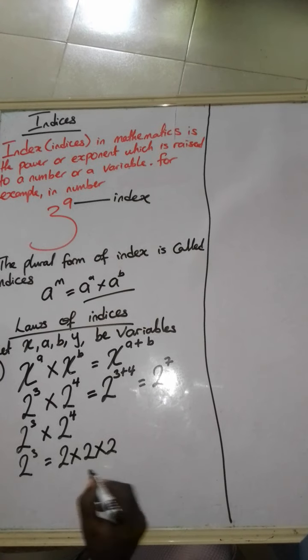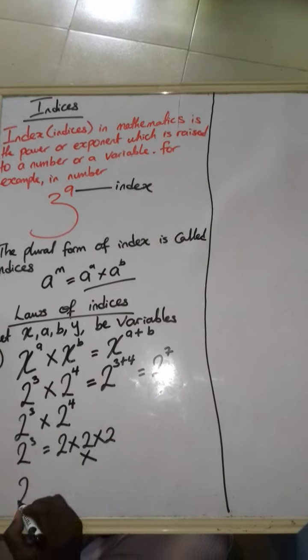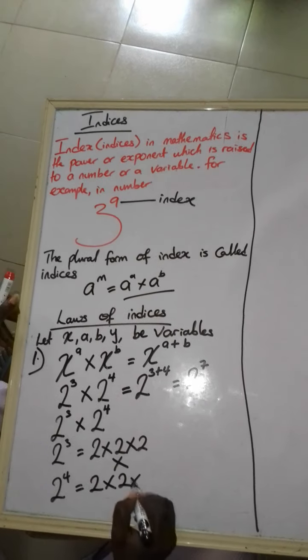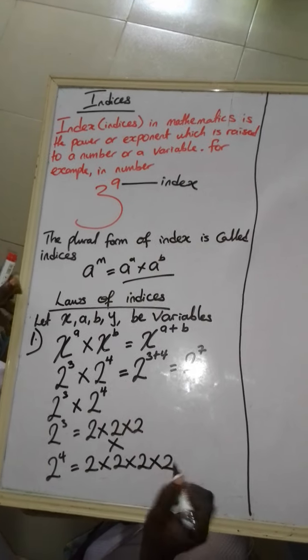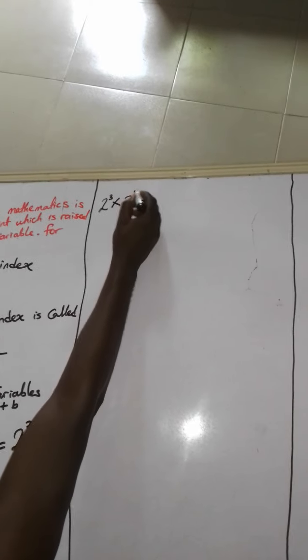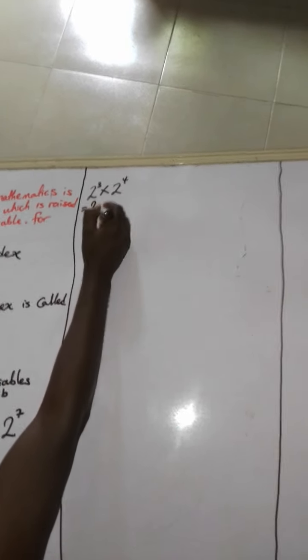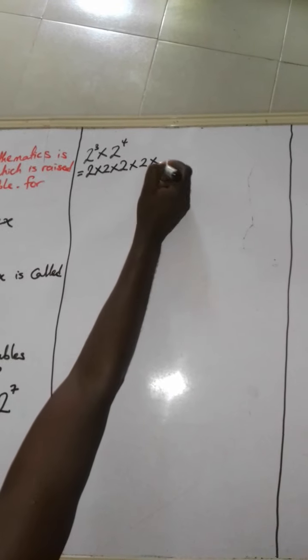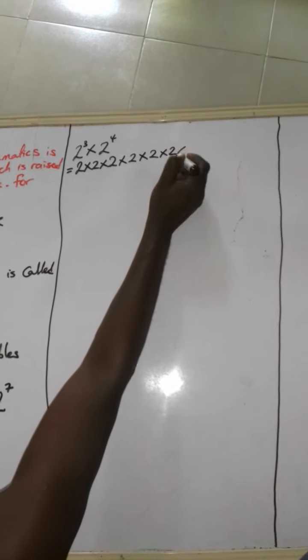Then we'll say multiplied by 2 raised to power of 4, which is the same as 2 times 2 times 2 times 2. Now literally, we can now say 2 raised to power 3 multiplied by 2 raised to power 4 is the same as 2 times 2 times 2 times 2 times 2 times 2 times 2.